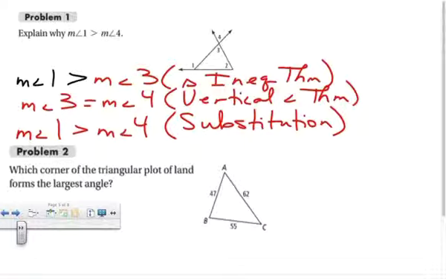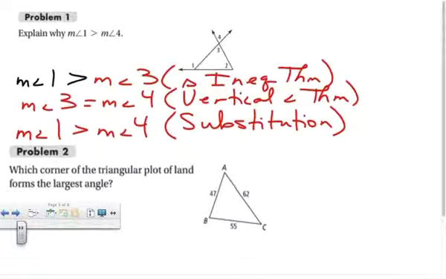Now, in problem 2, I'm sure some of you see it very, very easily and are just ready to shout out the answer. However, I want to make sure that if you need that step-by-step thought process, you've got that step-by-step thought process. This problem is asking me for the longest angle. None of my angles are given, but I can easily pick out where my longest side is. So, what is my longest side in this diagram?